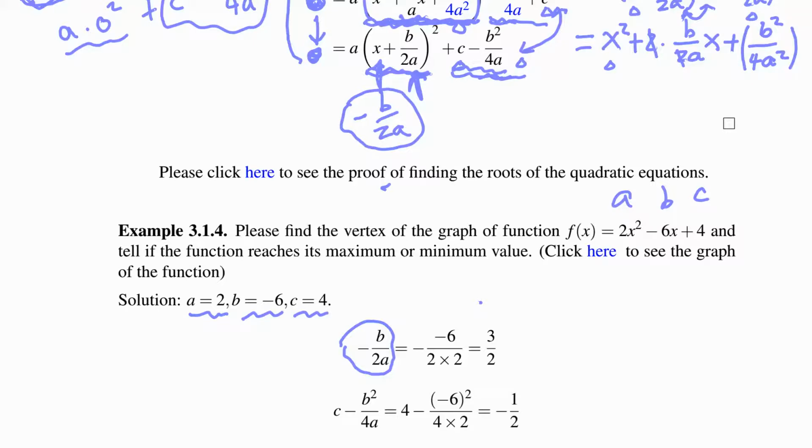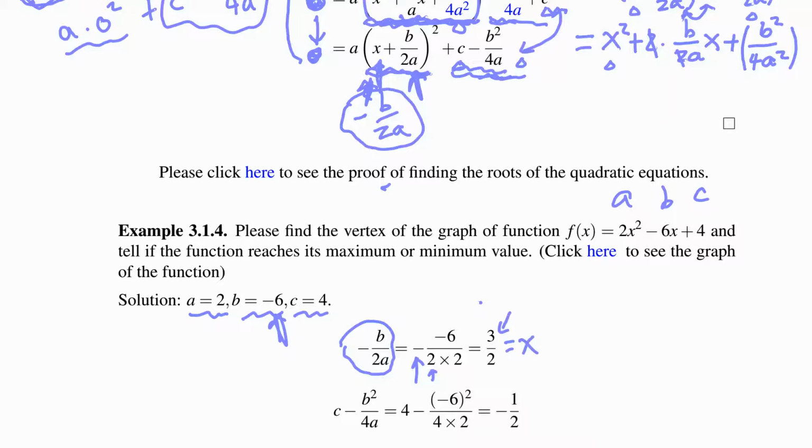Okay. By the values right here, you want to calculate negative B over 2A. Negative is always here, and B is a negative value, negative 6, divided by 2 times A. So the negative becomes positive for x.